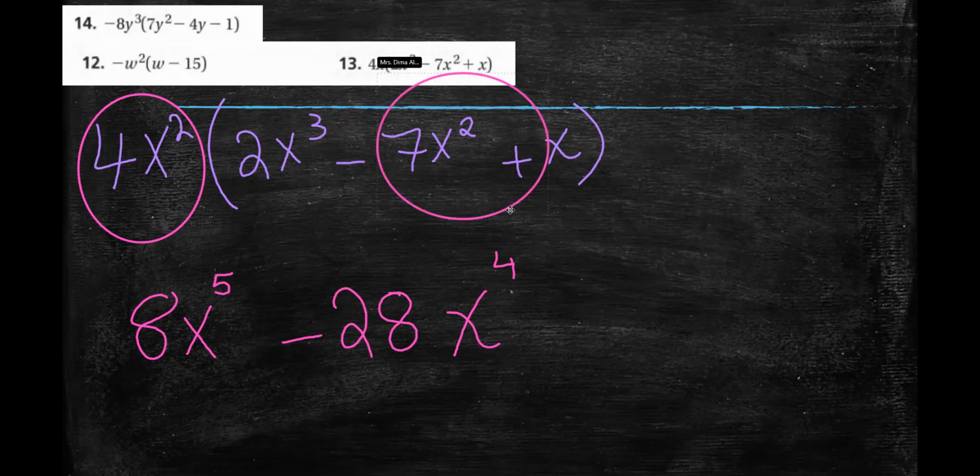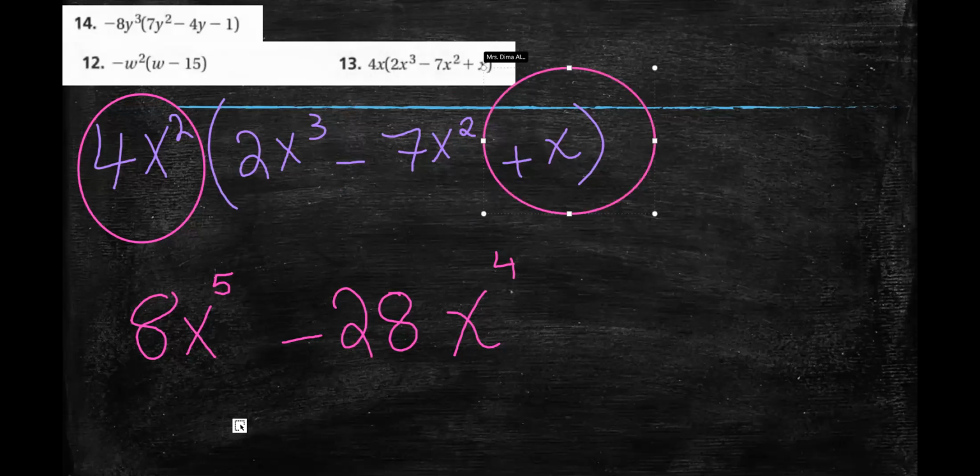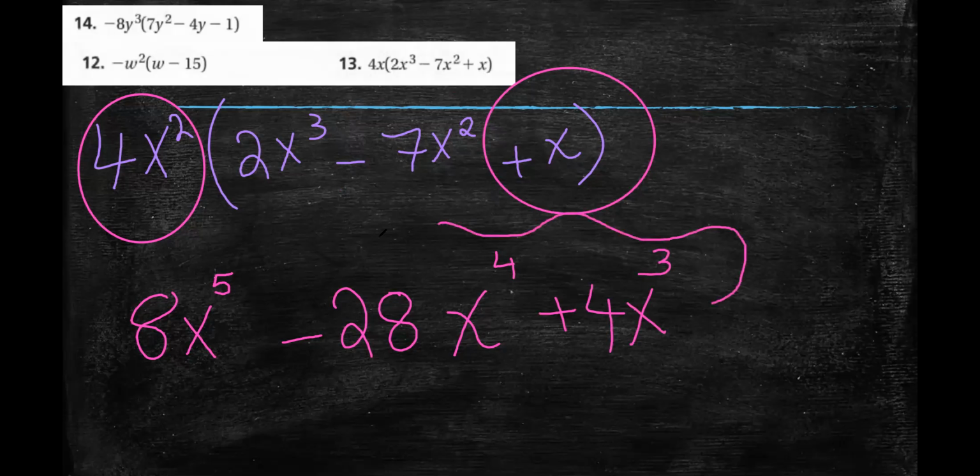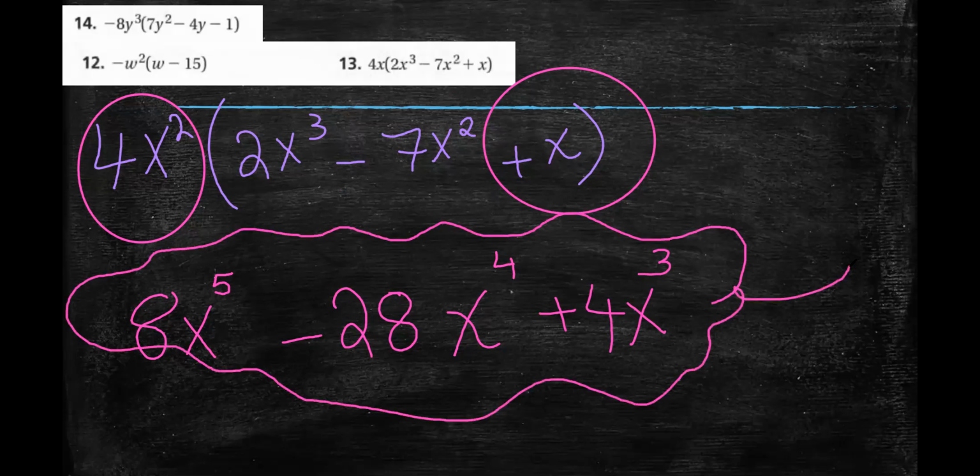Then what do we have to do? It will be 4x cubic. Thank you. Is it clear now? This is the way to multiply a monomial with a polynomial. Teacher, I'm changing the powers.